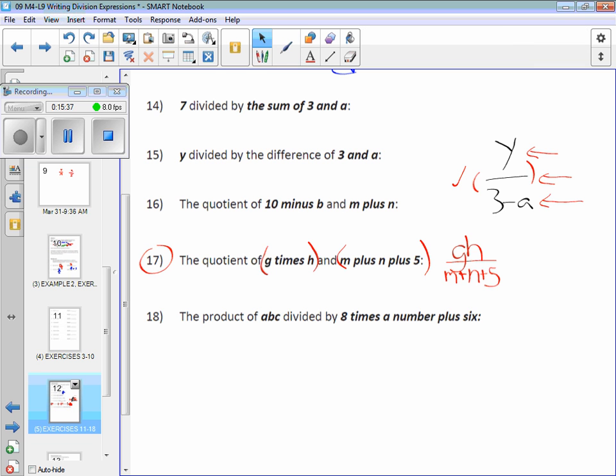Let's see. Is G times H, GH? And plus you get a bonus point because you remembered not to put a little dot or a little times symbol. You put those two letters together, that's impressive. Is this bottom M plus N plus 5? Is it showing the quotient of G times H and M plus N plus 5?